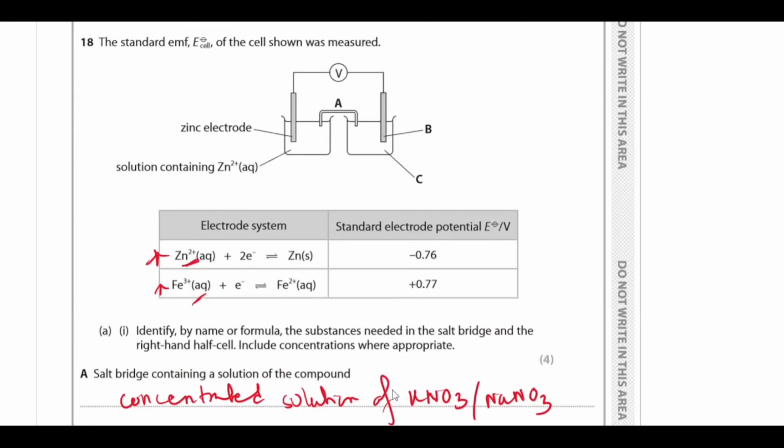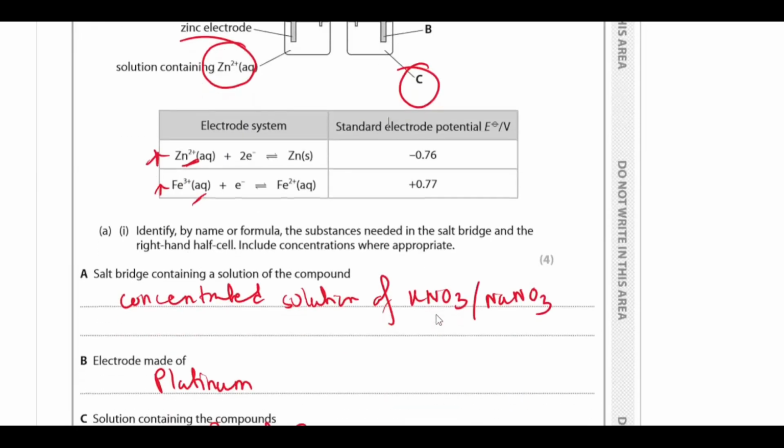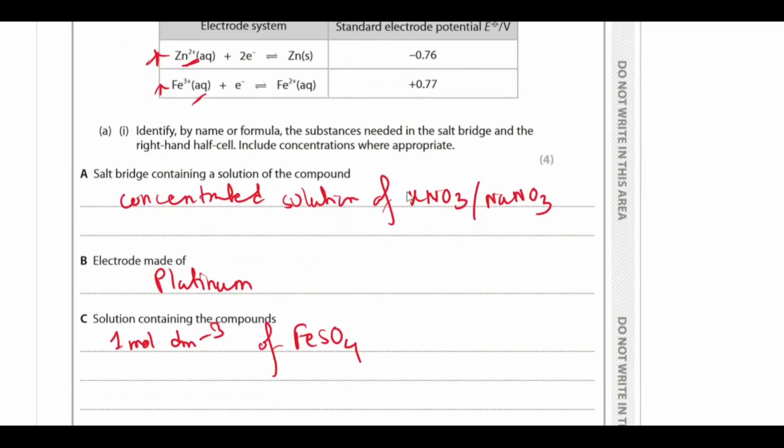For Zn2 plus, it's already mentioned, so we don't have to talk about it. So the solution C might be 1 mole dm cube of iron 2 sulfate, which will act as a source of Fe2 plus, or else you can also give 1 mole dm cube of Fe2(SO4)3.